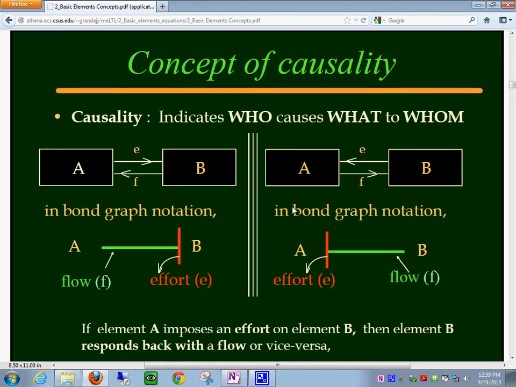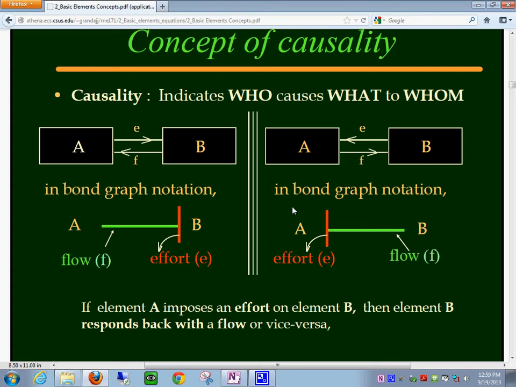Now let's talk a little bit more technical here. If you have a component A of a system, like you have it in this case on A, and this applies a force here to B, B has to react to A. So the way we do it using this technology is we use this horizontal and vertical line.